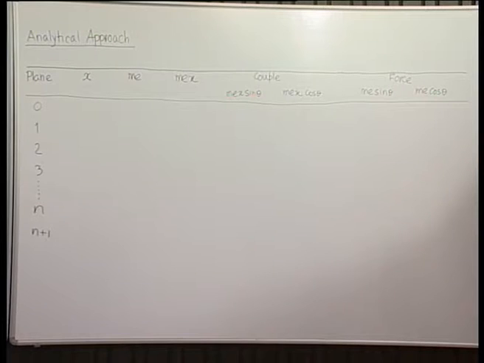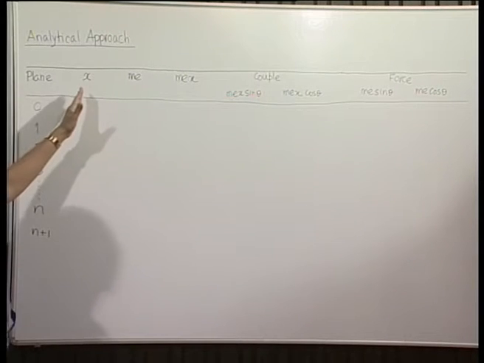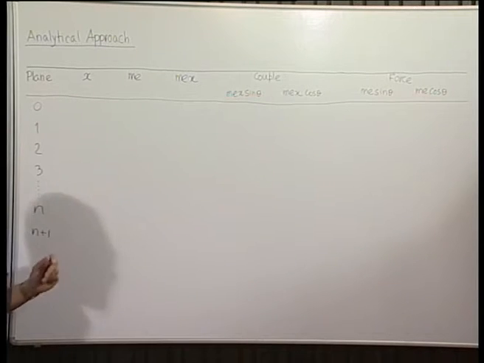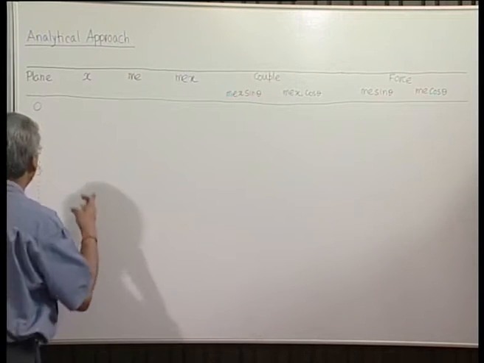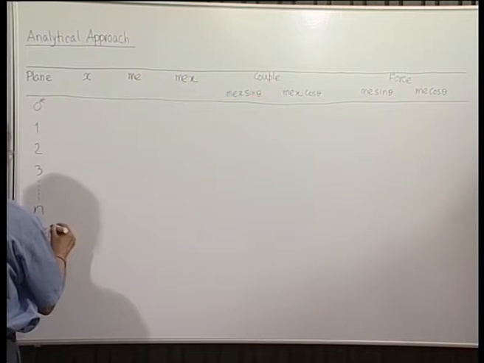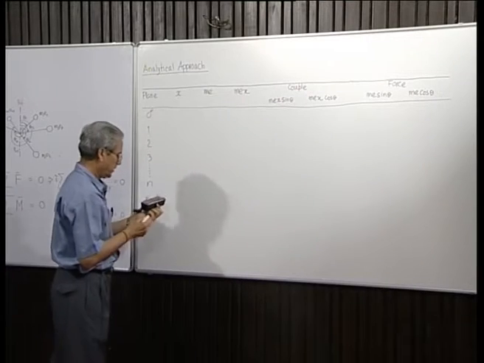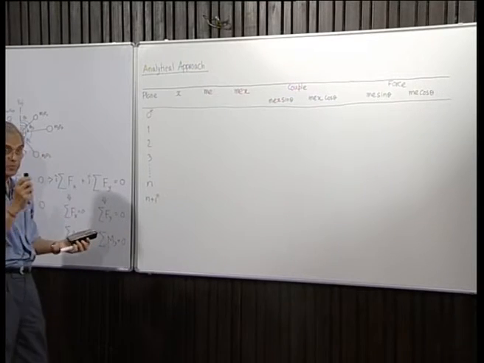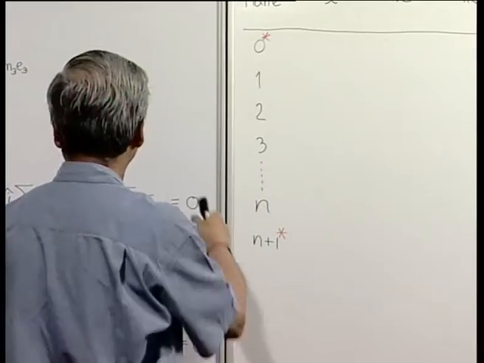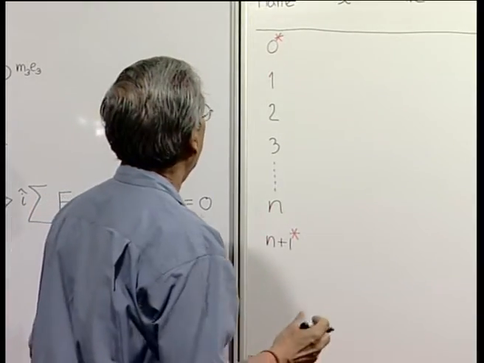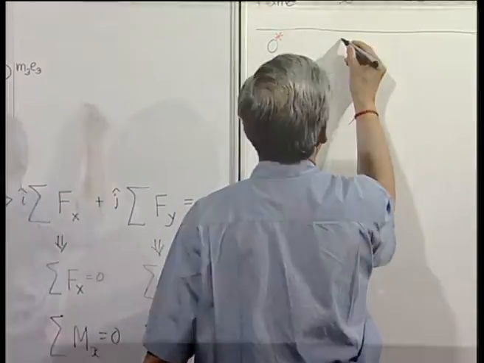So, the columns are, first column indicating the plane in which the mass is there, x is the distance from the reference plane, which in most cases we select as the 0th plane, that is one of the balancing planes. To indicate that, maybe we should put some kind of a star, that these are the balancing planes where you have to decide the masses. On the other hand, the other ones are given. So, x for this, of course, will be 0 in this case.